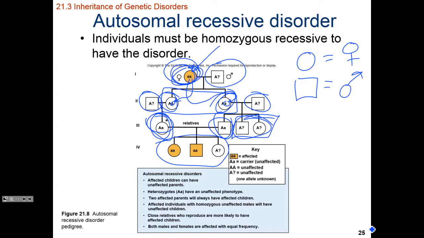Now, let's stop talking about mom and dad as humans. Let's talk about mom and dad as a purebred Dalmatian, or mom and dad as a true breeding Labrador Retriever mix. When you have a purebred dog, that purebred dog, that Labrador, can only breed with other Labradors to produce a purebred Labrador.